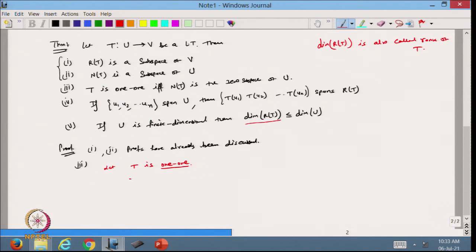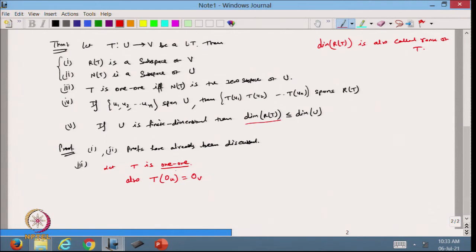If T is 1-1, then I also know that T of 0 of U always maps to 0 of V. This is true for all linear transformations.